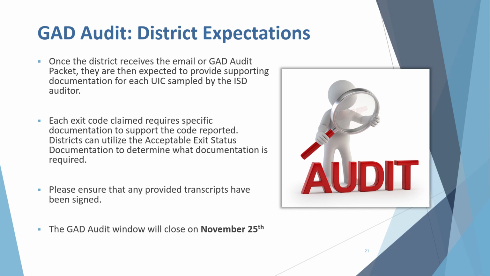Make sure you also verify that any transcripts you may be submitting have been signed. It's a common little detail that tends to get overlooked, so please verify that as you're submitting the documentation. I also have a note here that the GAD audit window will close on November 25th. It is typical for the GAD audit window to close at the end of November.